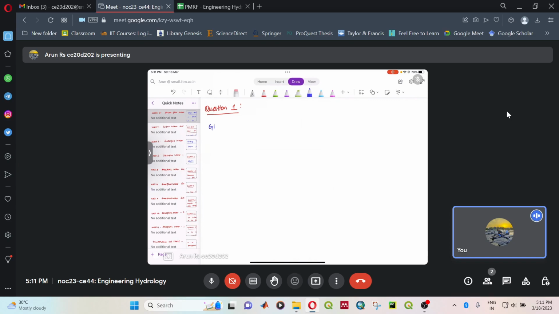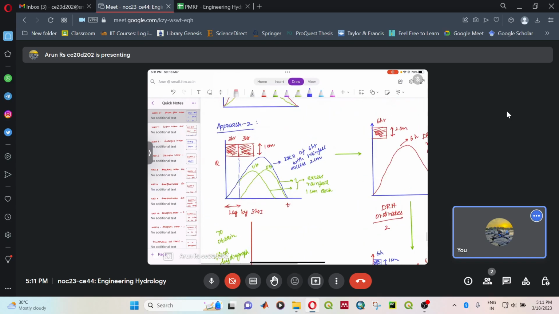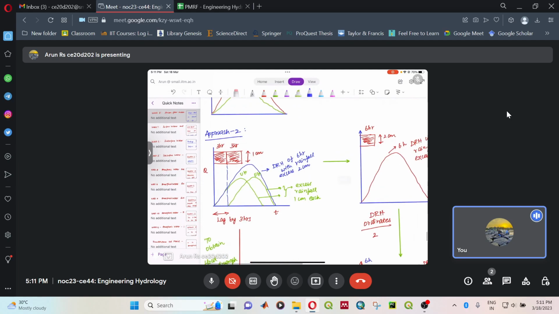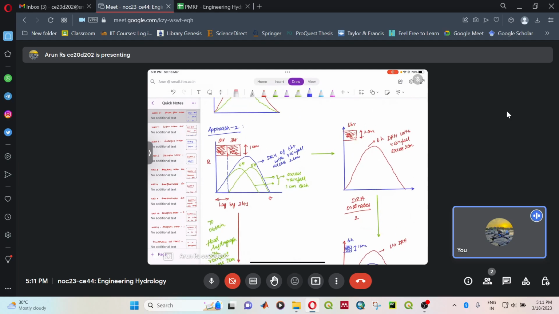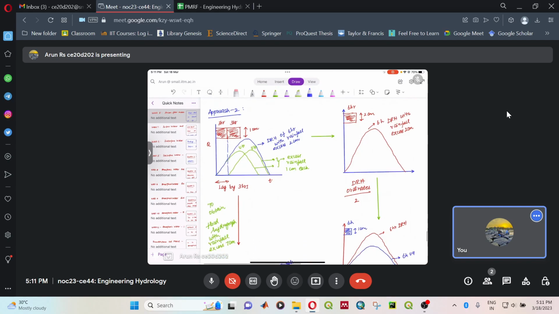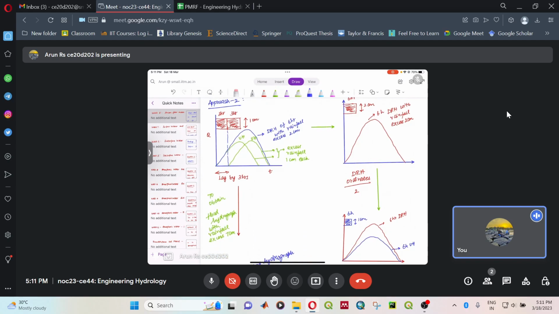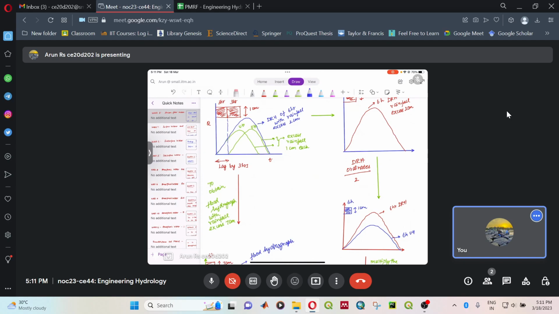So in this we'll be seeing approach 2, where you have been given a 4-hour unit hydrograph. If we lag the 4-hour unit hydrograph by another 4 hours and add it up, we'll get an 8-hour unit hydrograph. So let us see how to do that.